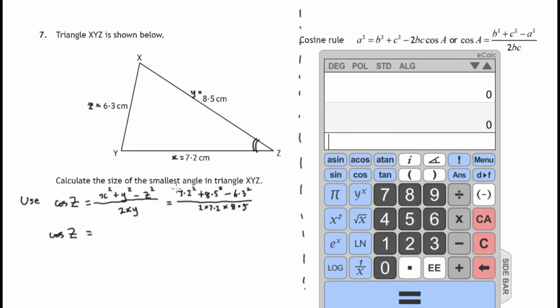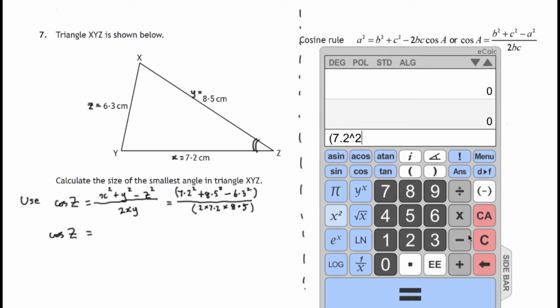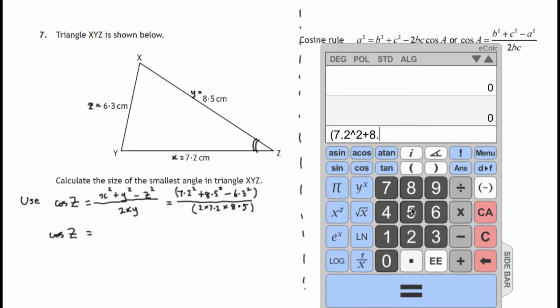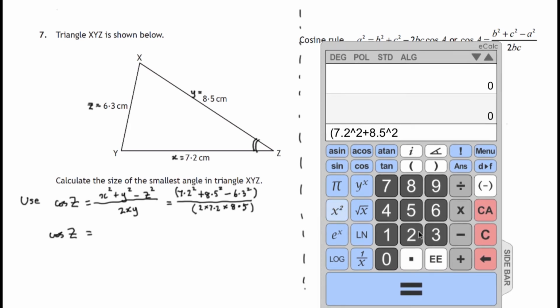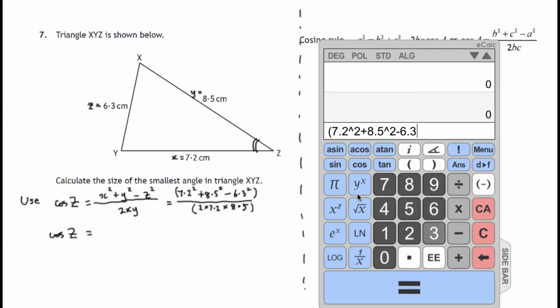Now we have to take the whole of the top line and divide it by the whole of the bottom line. So it'd be sensible to start out putting the top calculation in brackets. So 7.2 squared plus 8.5 squared minus 6.3 squared. So put that in brackets.